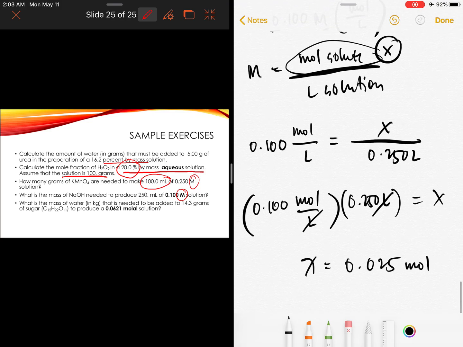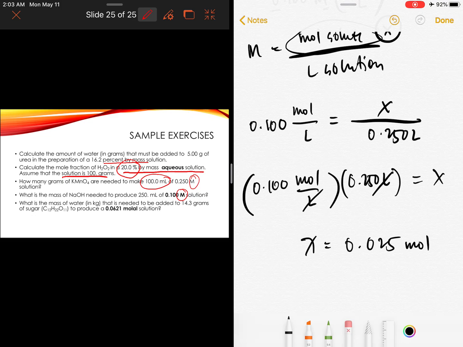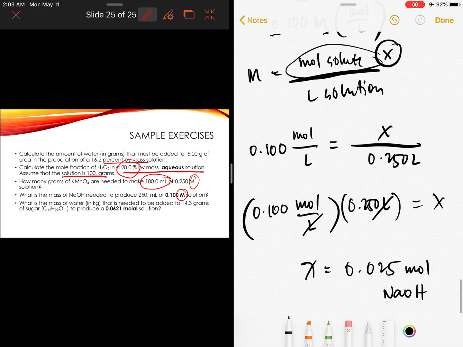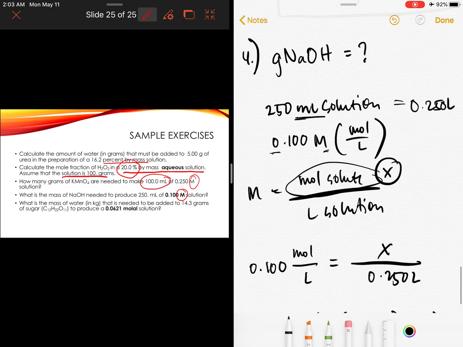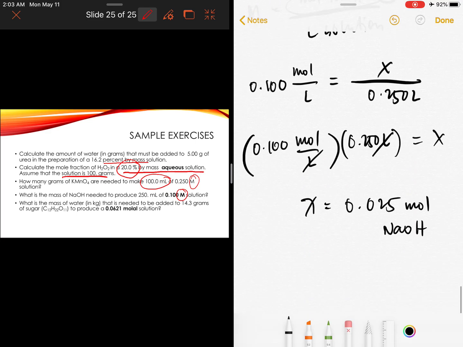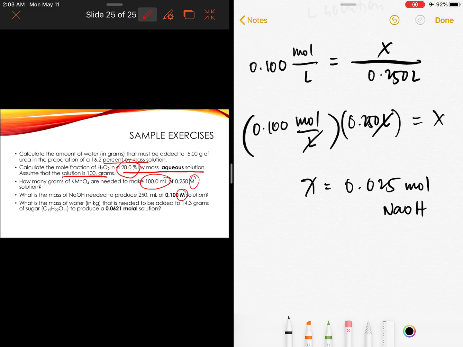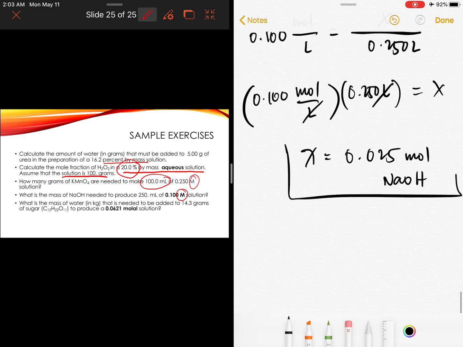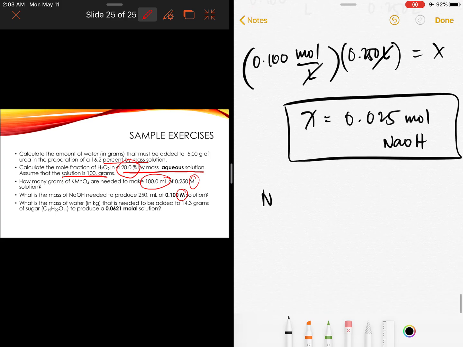In this case, x is the moles of solute, and our solute is sodium hydroxide. To get the grams of sodium hydroxide, we need to convert the moles into grams. First, get the molecular mass of sodium hydroxide. We'll break down the elements of the compound. Sodium is 23.00.